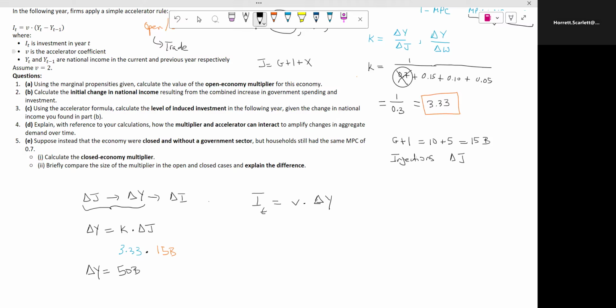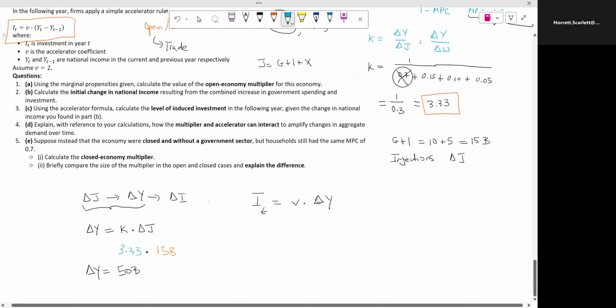Now, if you look at the formula here, this formula gives us YT minus YT minus 1.